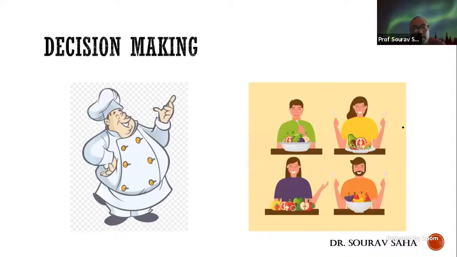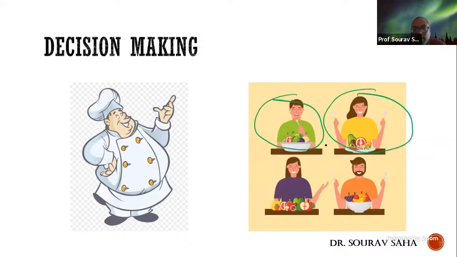See, for example, decision making. Since we were talking about this restaurant and this chef, the chef is trying to create a satisfied customer. So he has created subsamples of customers: sample one, sample two, sample three, sample four.